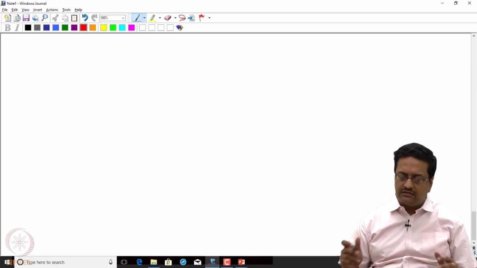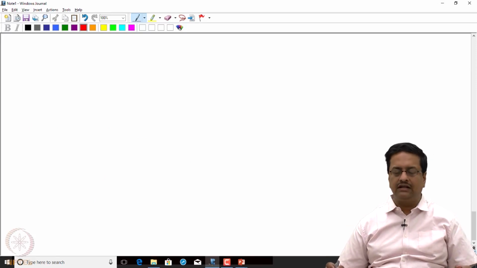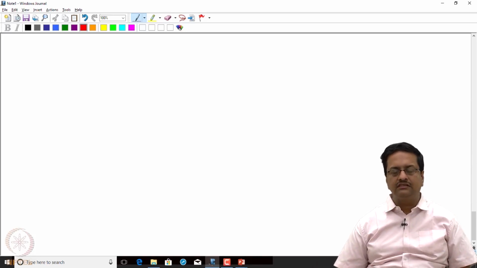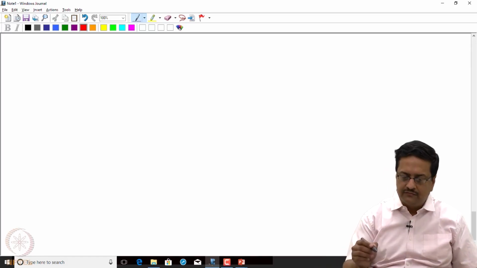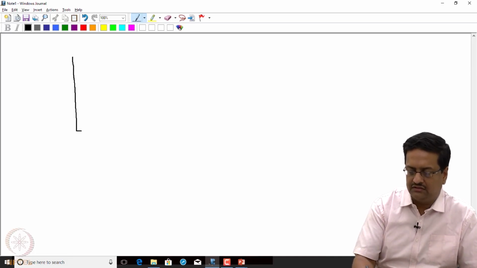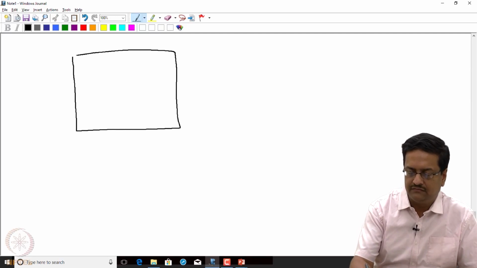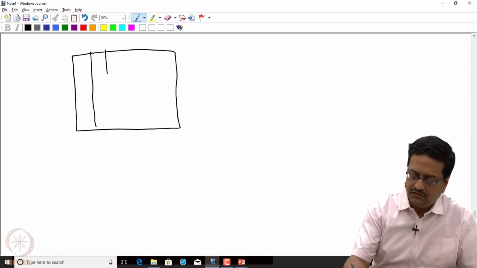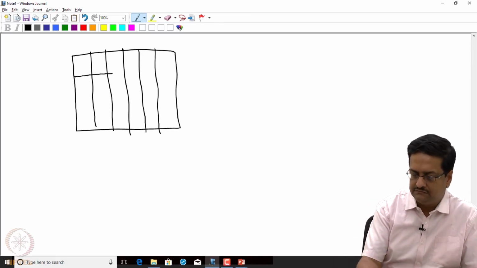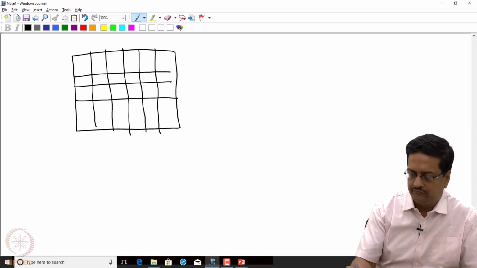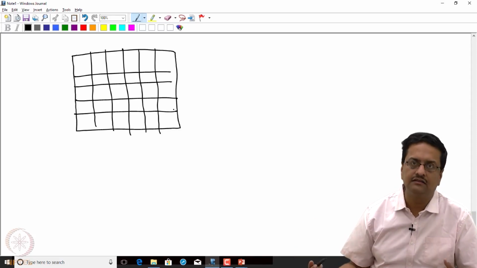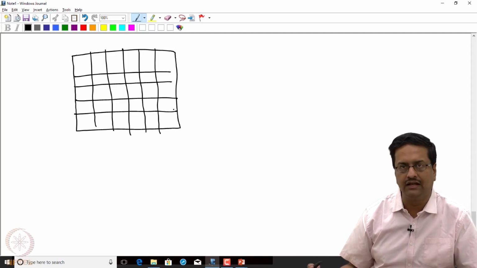Now let us understand a little bit of the underlying principle between these two different detectors and why one prefers CMOS against a CCD detector. As I indicated, both the detectors, suppose it is a square detector like this, have lots of photosites which we call pixels, and all these pixels are responsive to X-ray radiation.